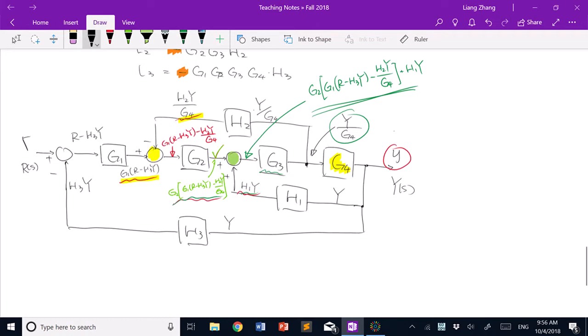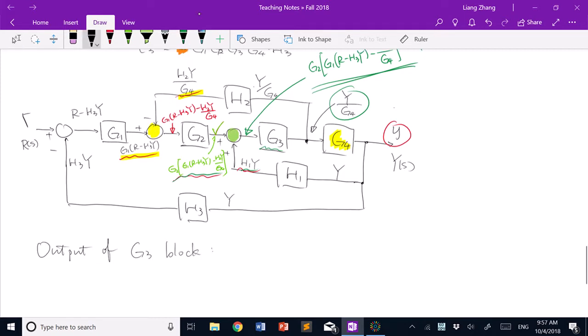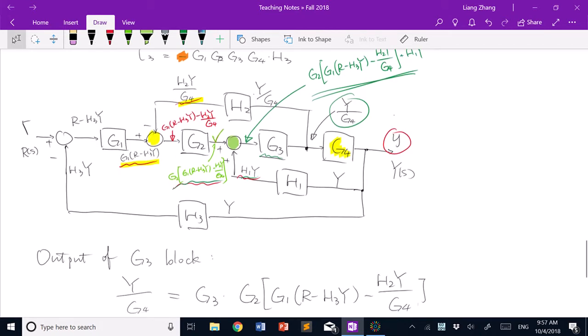So the output of the G3 block, which we figured out earlier is Y over G4, should be equal to the transfer function G3 times the input, which is what we have above: G2 times G1 R minus H3Y minus H2Y over G4, and plus H1Y.